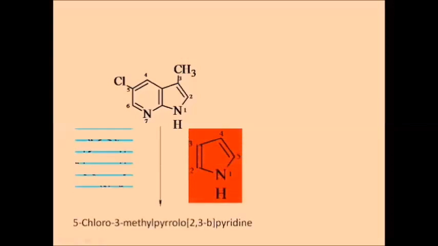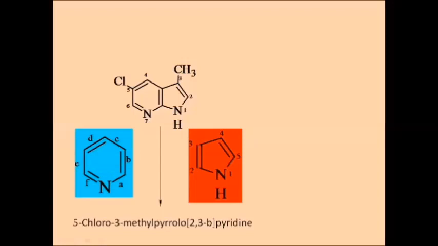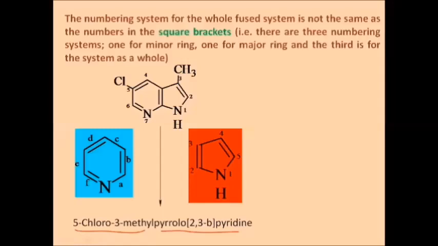Another example: in this case, the pyridine ring and pyrrole ring are fused together, and the IUPAC name of this fused ring is 5-chloro-3-methyl-pyrrolo[2,3-b]pyridine. The numbering of the whole fused system is not the same as the numbers in the square bracket.